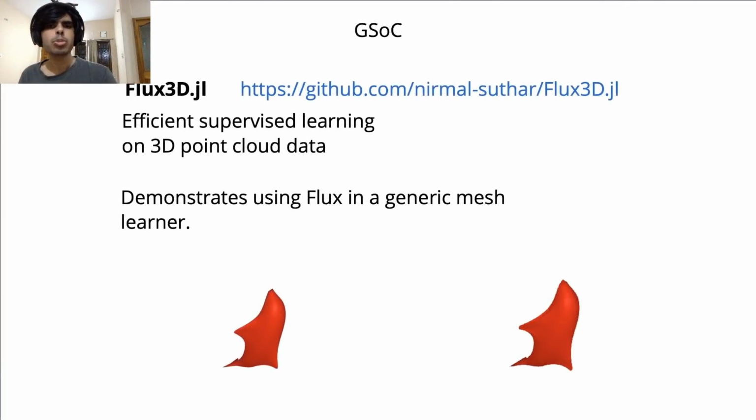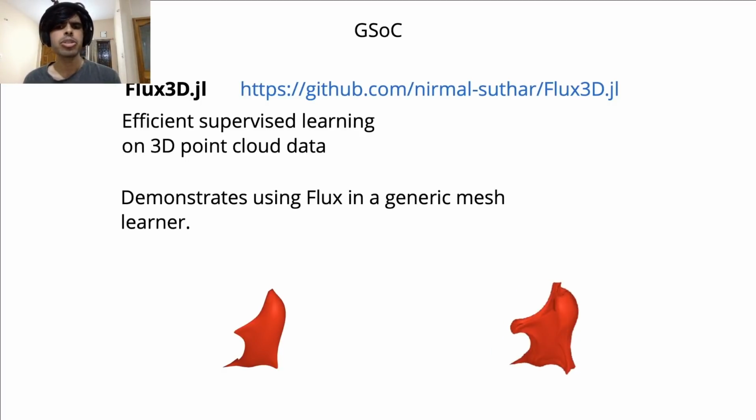I also want to take this opportunity to talk about some of the GSOC work that has gone on over the past few months, and it really goes to show how easy our tooling can be. Nirmal, who has been one of our GSOC students, took over things like Zygote and actually used it to translate differentiable 3D data to be trained using Flux.